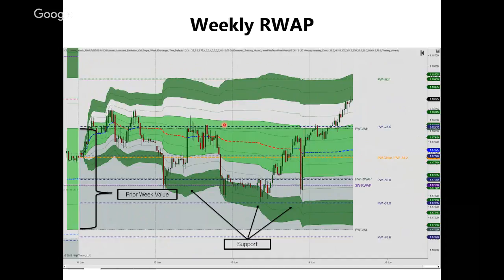This is then resistance, and things are starting to get interesting here as we see a breakout from the prior week value area high, also setting a new high for the week, and looking to be going for the prior week high here.